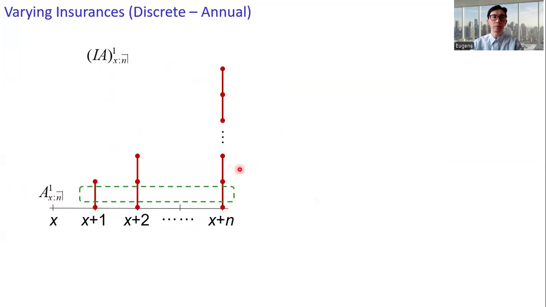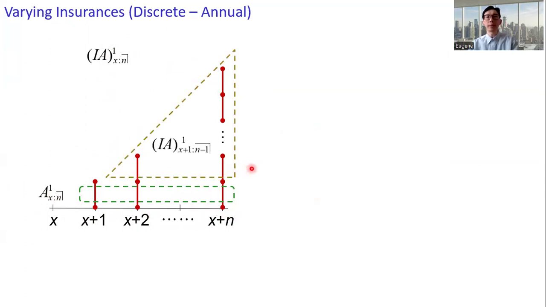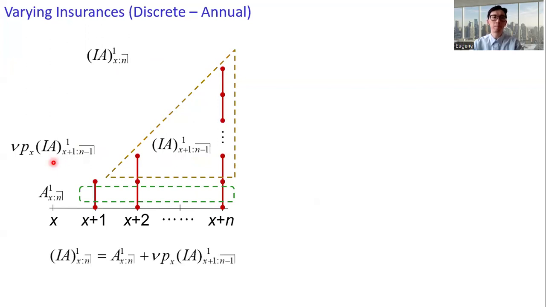And then the top part, this corresponds to the N-1 year term increasing insurance issued on age X plus 1, discounted back to age X. And then we get the relationship. For increasing insurance, this relationship also applies to whole life insurance.